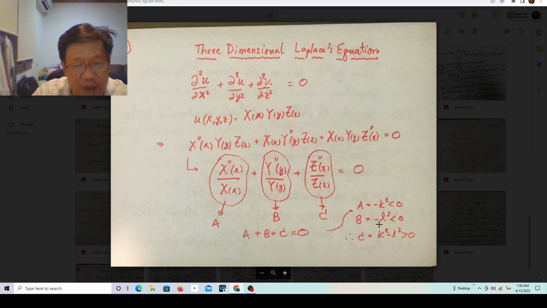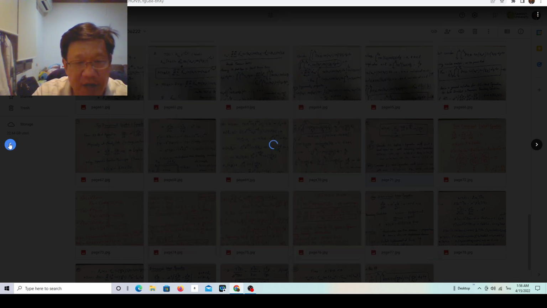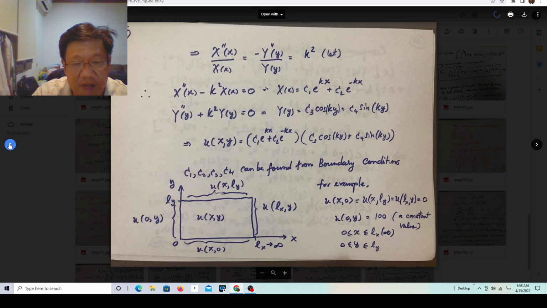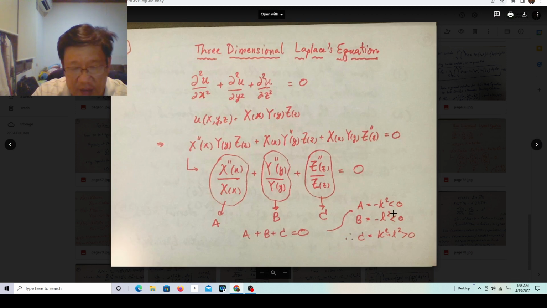We're going to apply a similar technique that we used in the two-dimensional case. You remember the two-dimensional case down here? We just assumed these two were equal and equal to k squared. And the same here, but we're going to say that suppose A is equal to a constant we call minus k squared.